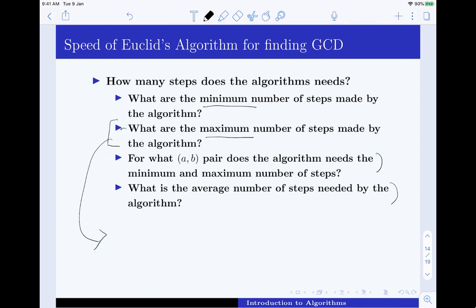What is the maximum number of steps the algorithm needs?